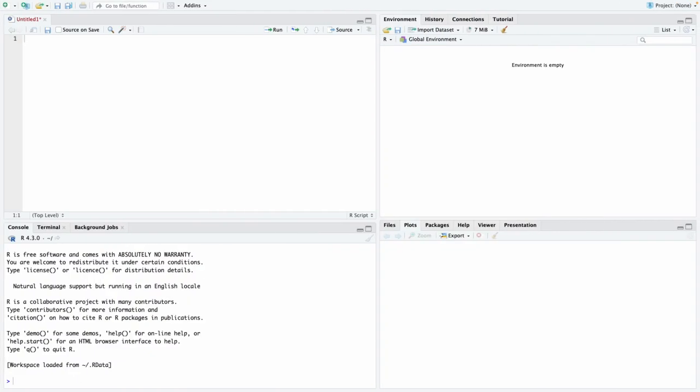All right, so I have my R Studio open, and the first thing I want to do is call this an aerospace part manufacturing problem.